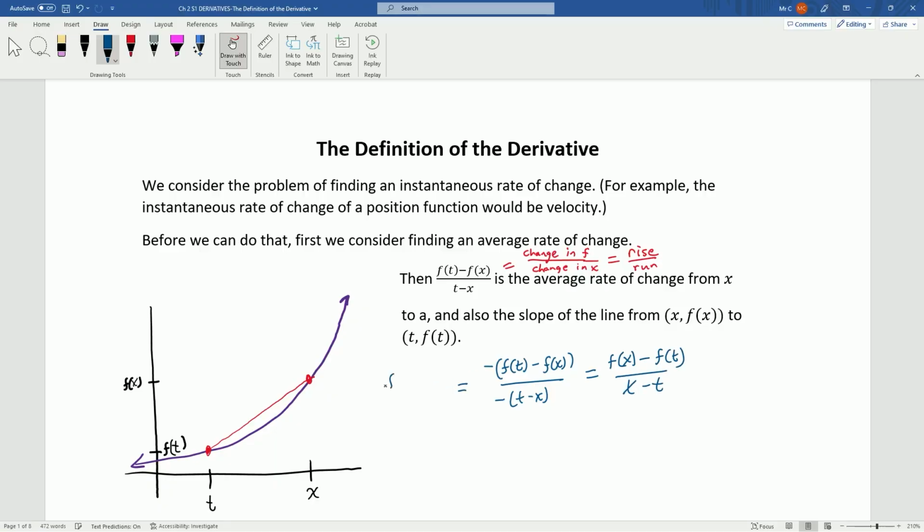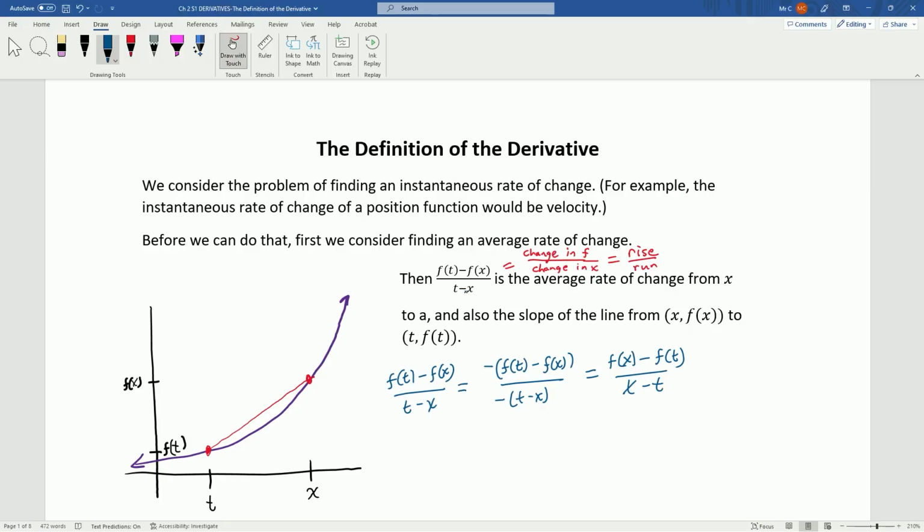So in other words, these two things are equal. There's really no difference between saying f of t minus f of x over t minus x and f of x minus f of t over x minus t, as long as we keep the x's together on the left side and the t's on the right, or vice versa. I've written it in this form just because it's going to be a little more convenient when we manipulate this expression a little bit.